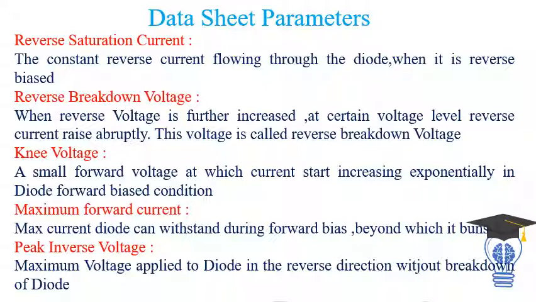If you pass a current beyond the limit, the diode will get burnt. Peak inverse voltage is the maximum voltage applied to the diode in the reverse direction without breakdown of the diode.